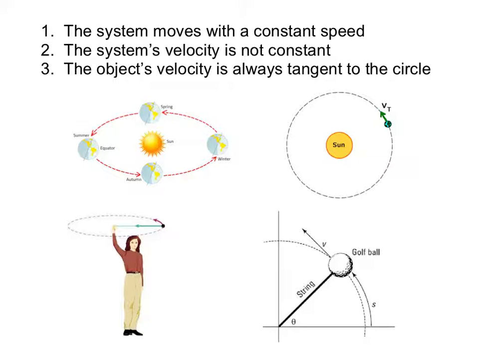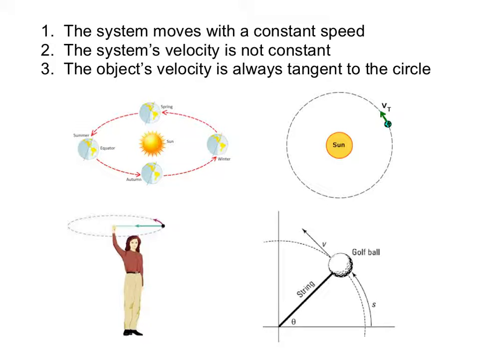In this slide I'll talk about the first 3. The system moves with a constant speed. Anything that's traveling in a circle and undergoing uniform circular motion has a constant speed. That means that every time it makes a circle, it does so in the same amount of time, so it travels through the same circumference over the same period of time.